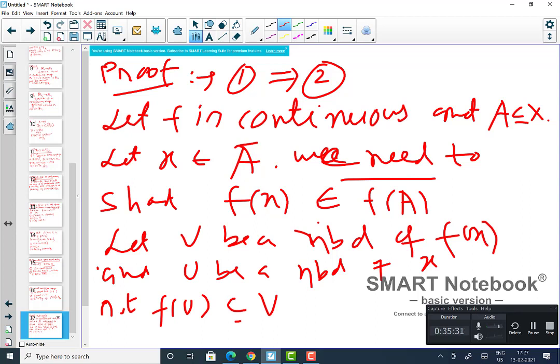So what does that mean? That means U is sitting inside f inverse of V. Is that okay?